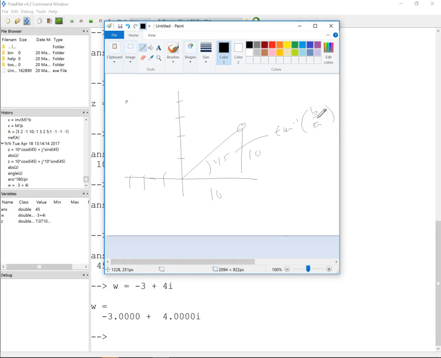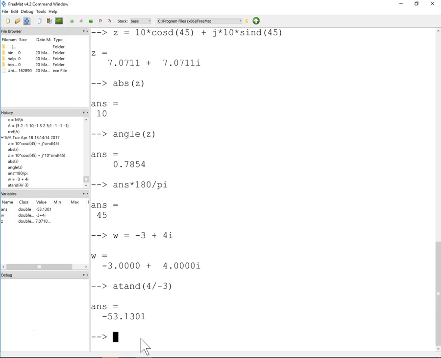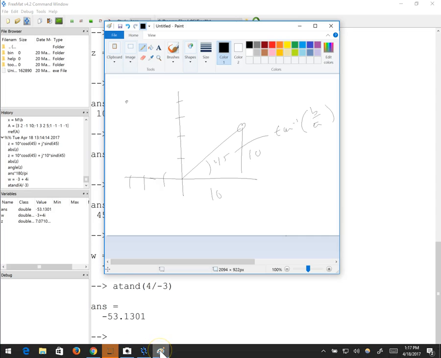But if you just plug in the arctangent of b over a in your MATLAB command or in your calculator, if you say atand, and we can do it in degrees, of 4 divided by minus 3, that's b over a, it's going to say it's negative 53 degrees. Is that correct? That's telling you that it's over here at negative 53 degrees, right? That doesn't seem right. What's the problem?